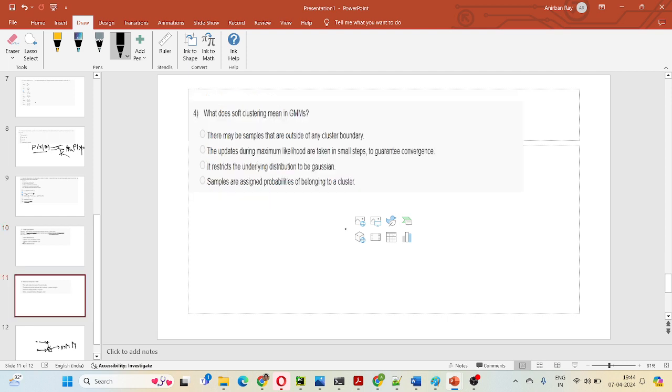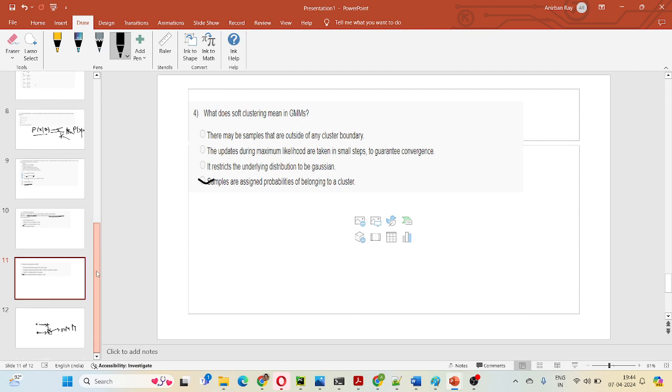And soft clustering was like in the lectures as well: just the probability, I'm not determining which cluster it belongs to. I'm just giving a probability that it may belong to this cluster. It has a high probability of going there. With soft clustering, I'm not giving a hard decision boundary. So these were some of the things.